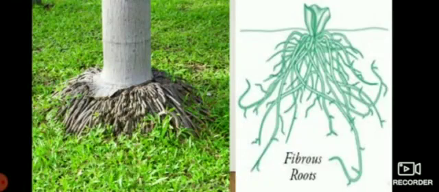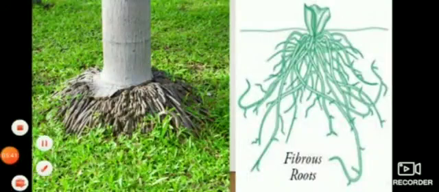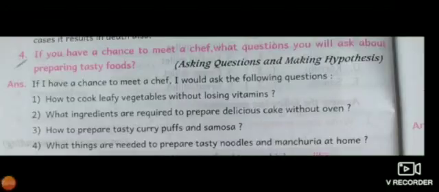Now, let us try to understand some questions and answers of chapter 1, that is the food we need. Children, in your study material, page number 8, you are having fourth question.